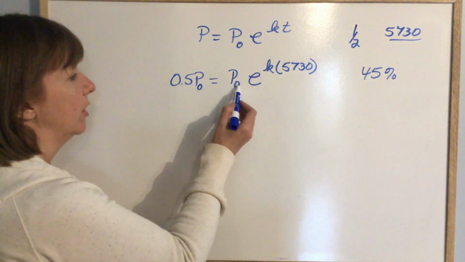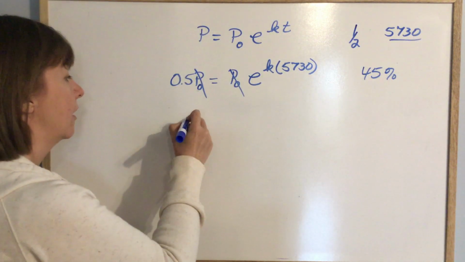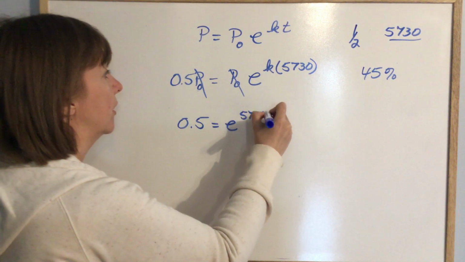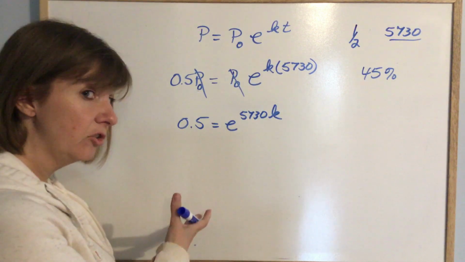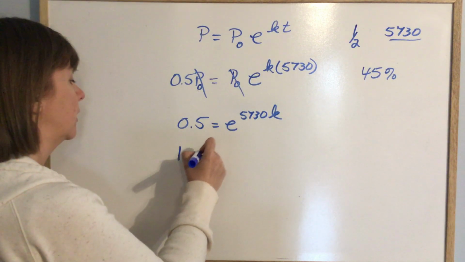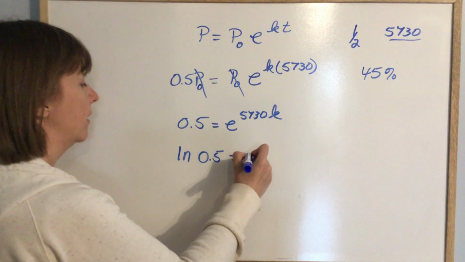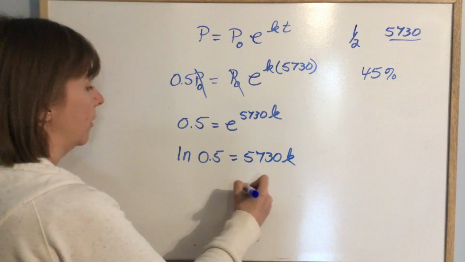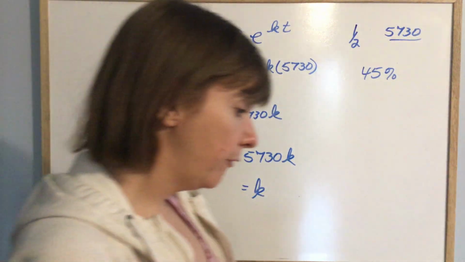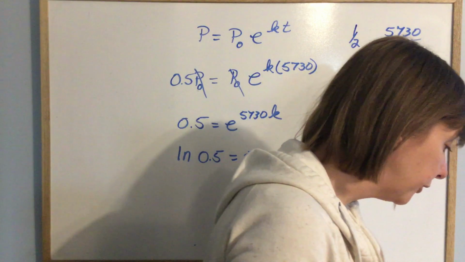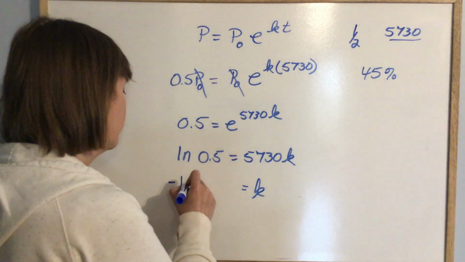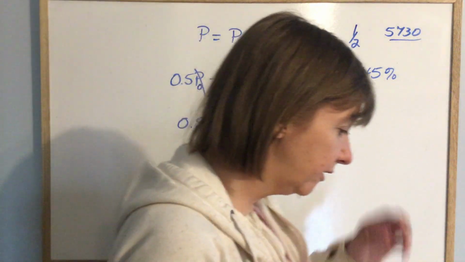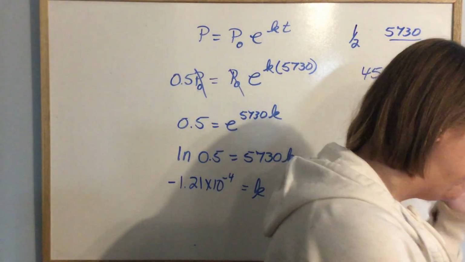So I have a P0 on this side and a P0 on this side, and those will cancel. I have 0.5 is equal to e to the 5,730k. Change that into logarithmic form, so I have ln of 0.5 is 5,730k. So I'm just going to do ln 0.5 divided by 5,730, and I get negative 1.21 times 10 to the negative 4th. That is k. All right.